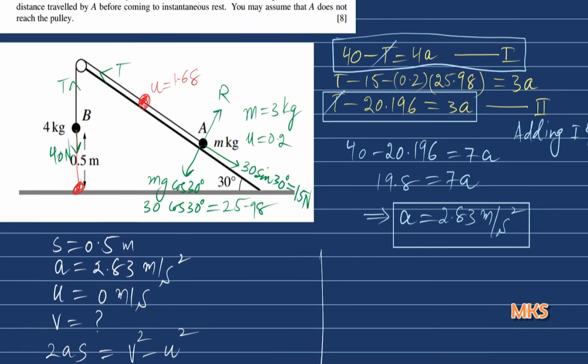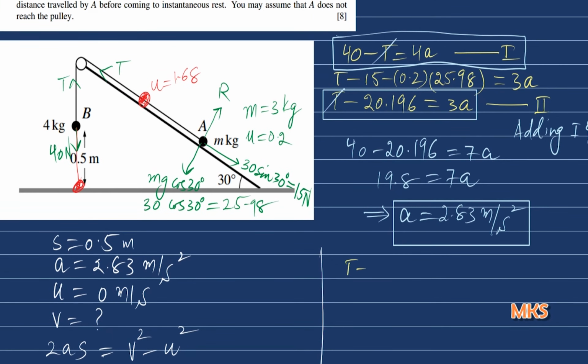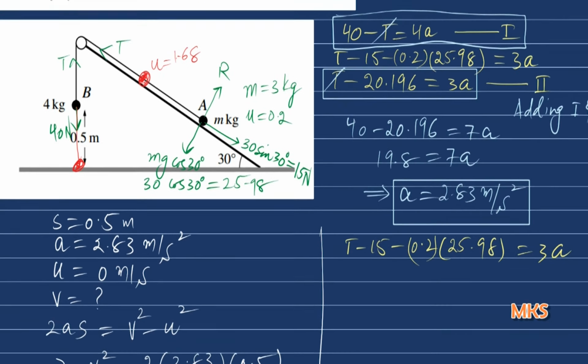It will keep moving ahead. So let's see what would be the condition there. That will be T minus 30 sin 30, which is 15, minus mu R, 0.2 times 25.98, that is equal to 3a. The string has become slack, so no T is there.